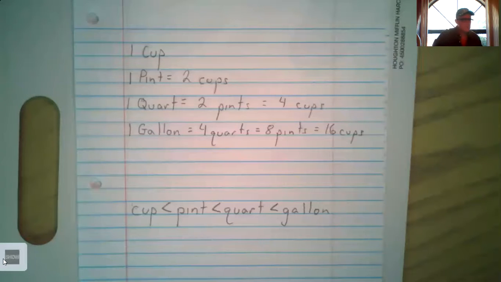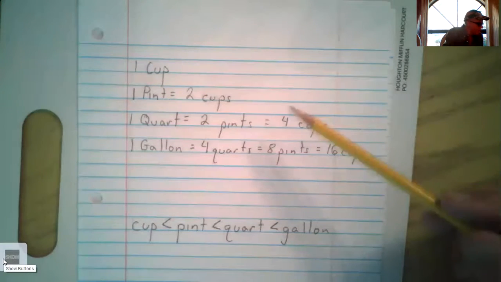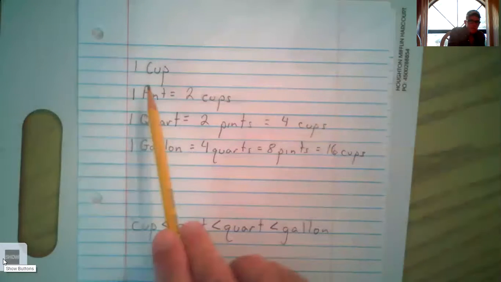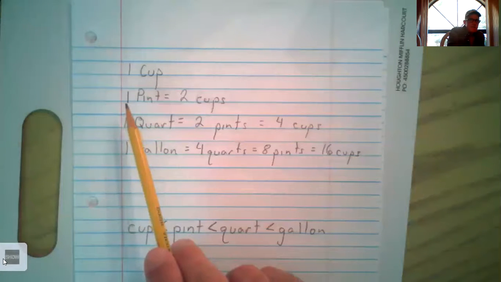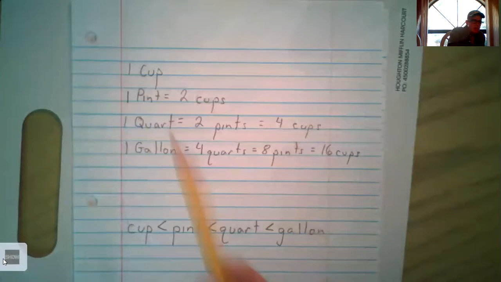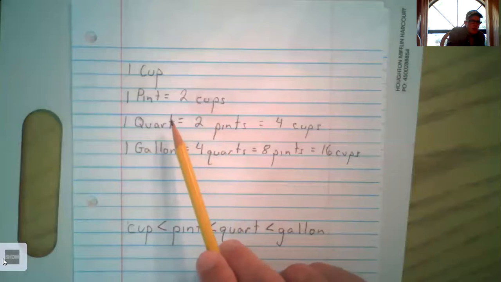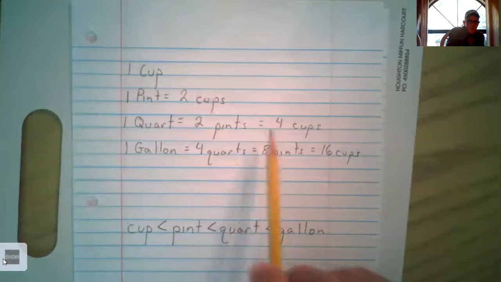We notice the smallest customary unit of capacity or volume, liquid, is 1 cup. You guys saw what that looked like. 1 pint is the next smallest. That's our water bottles that we're used to drinking out of. That is equal to 2 cups. Then the next larger one is 1 quart, which equals 2 pints and also 4 cups.